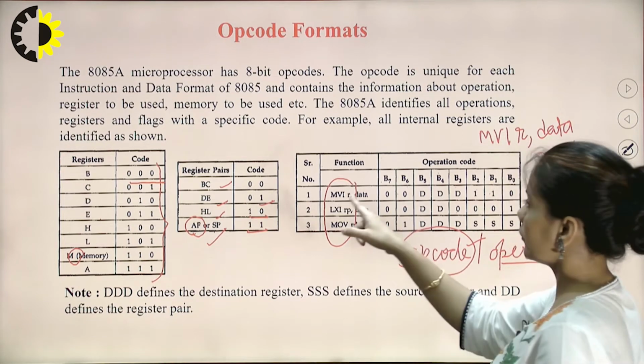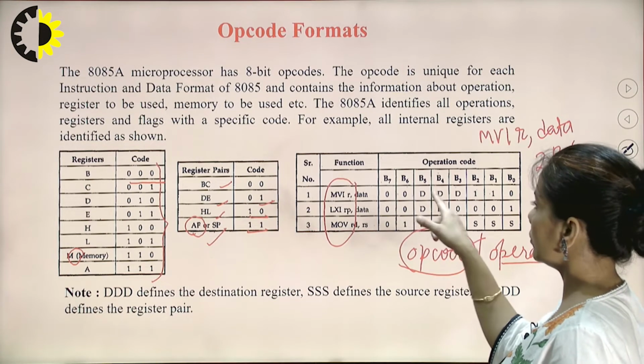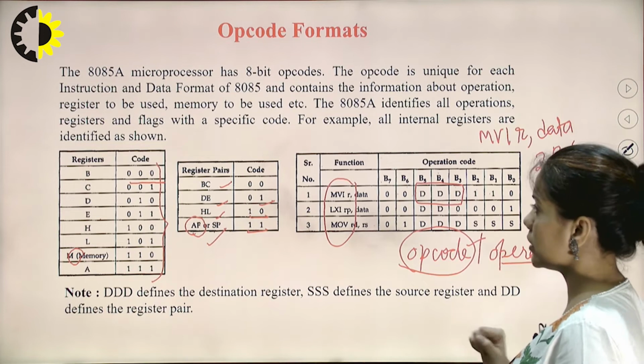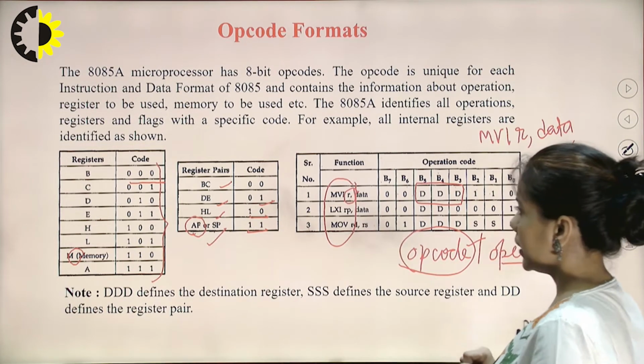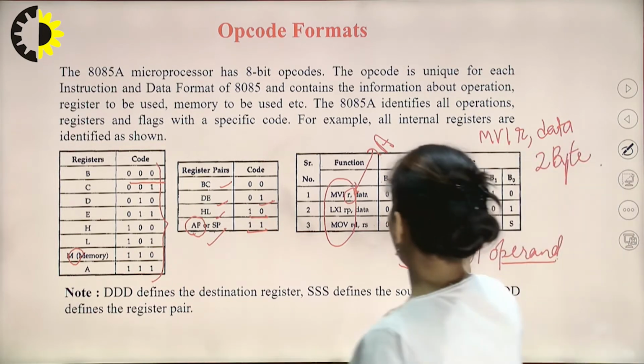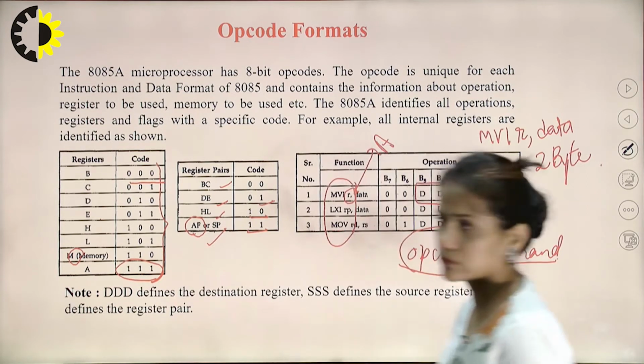For the opcode of MVI R comma data, it is given by 00 DDD. DDD here denotes the destination. If R is A, then this DDD will get replaced by 111.